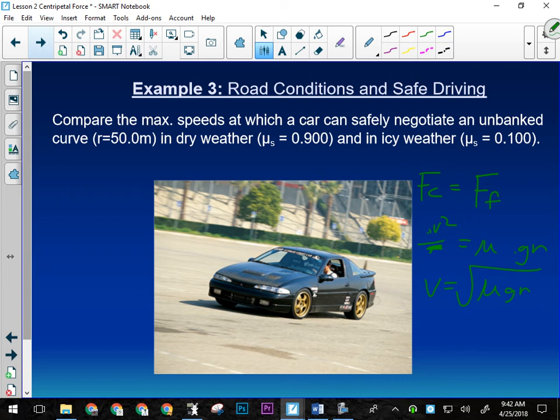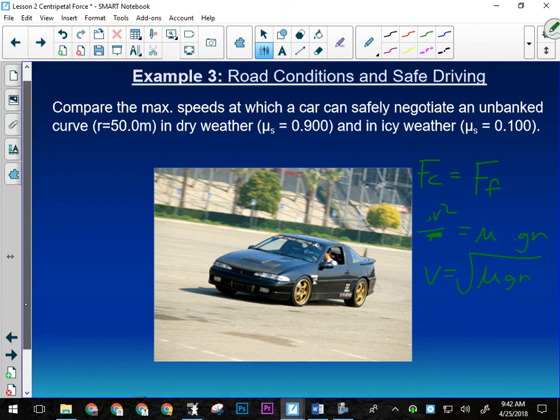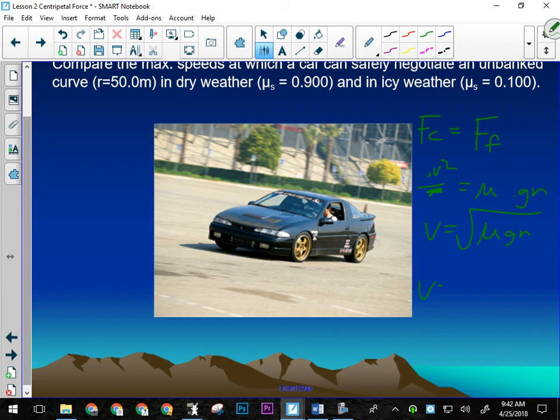All right. So now we're going to calculate how fast the car can take this 50-meter corner under ideal conditions. So mu is 0.9 times 9.81 times the radius, which was 50 meters.